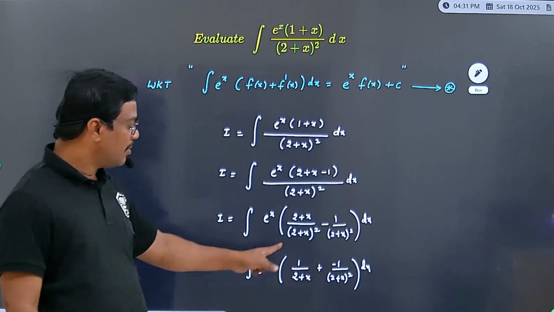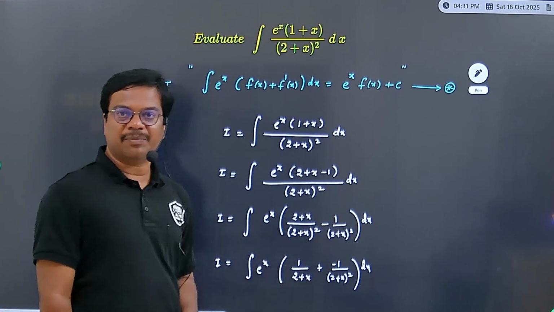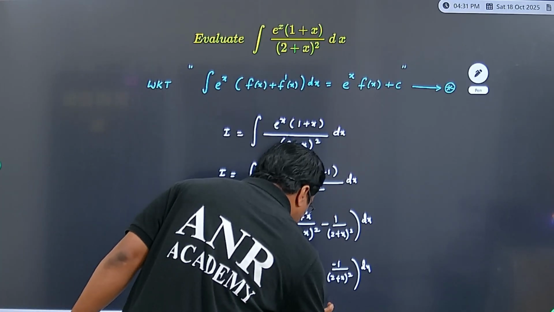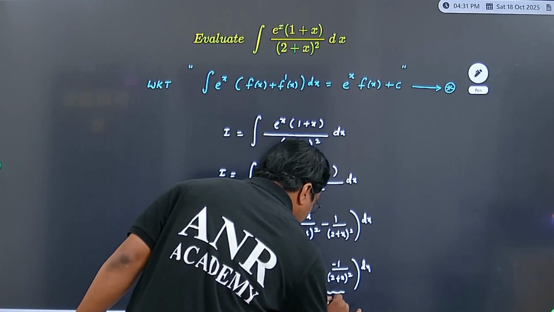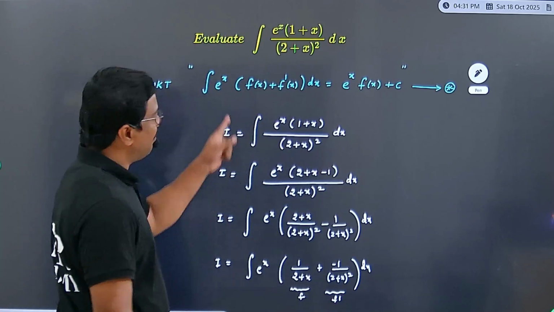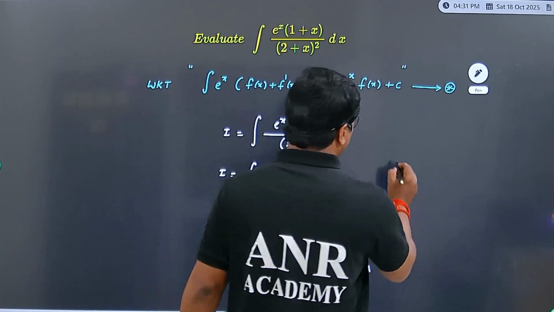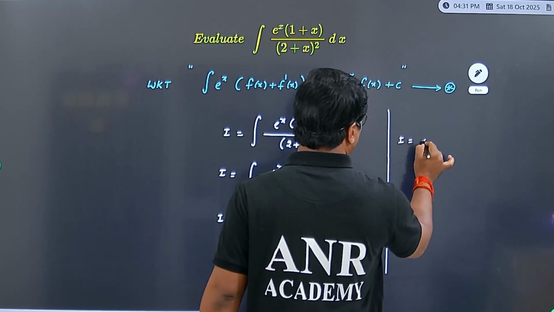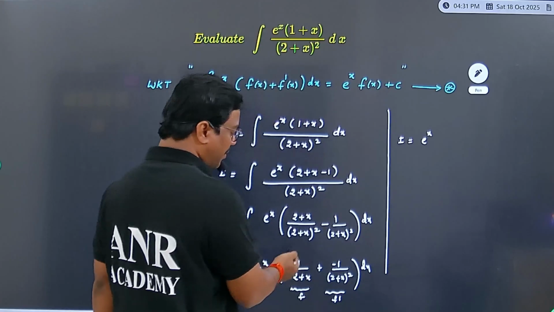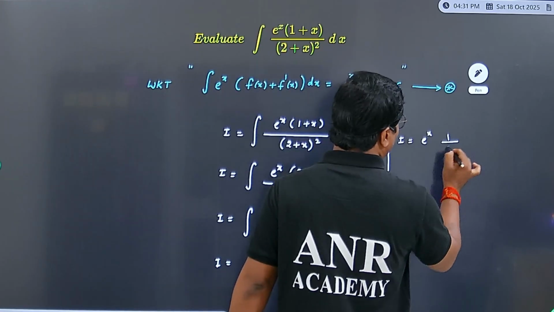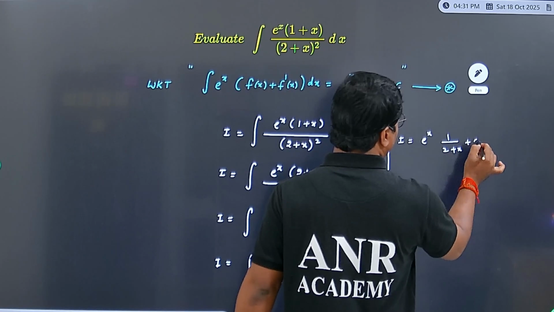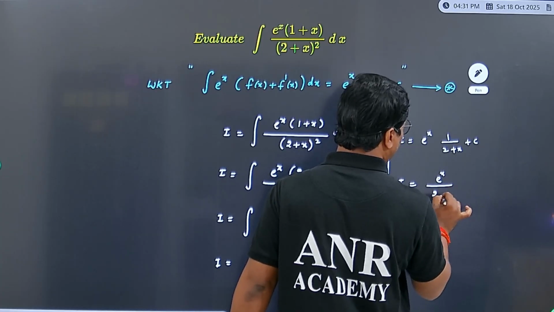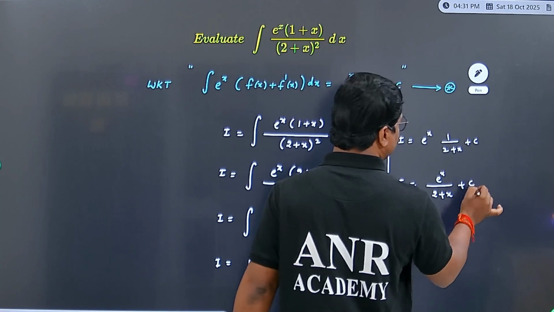You know that 1 by x derivative is minus 1 by x square, so if it is f, then it is f dash. So you can apply this formula, and hence the value of I becomes e power x into f of x. What is f of x here? 1 by 2 plus x plus c. Therefore the value of I is written as e power x divided by 2 plus x plus c. This is your answer.